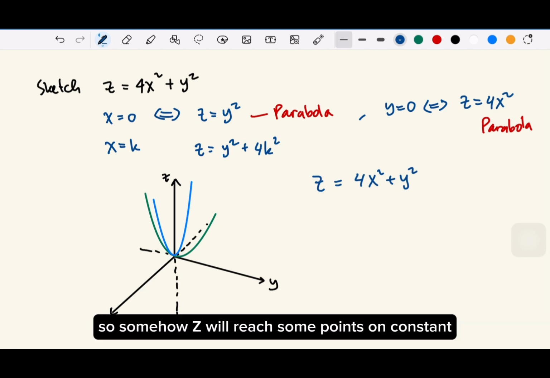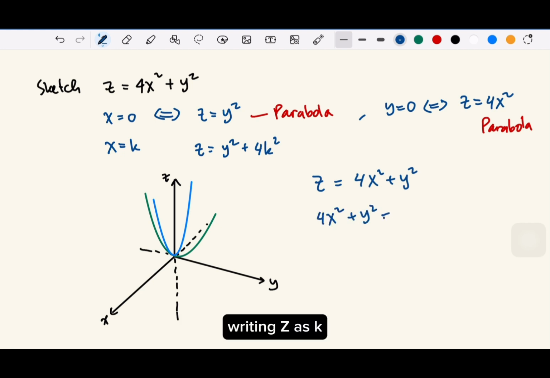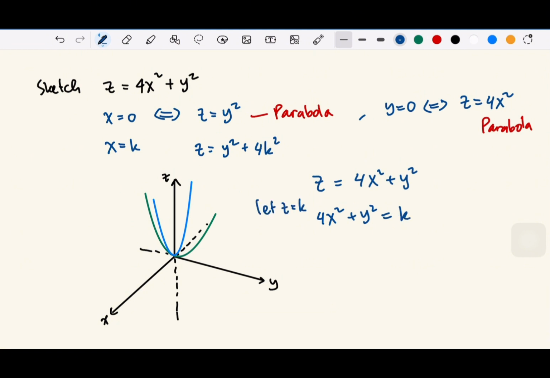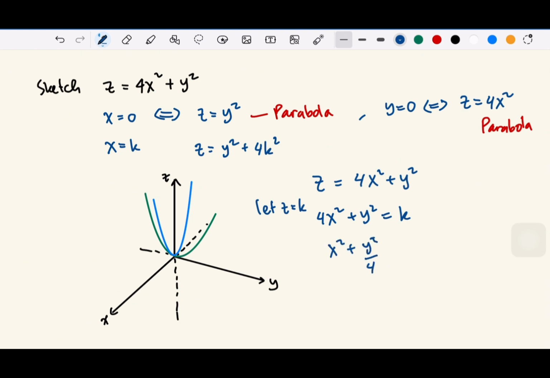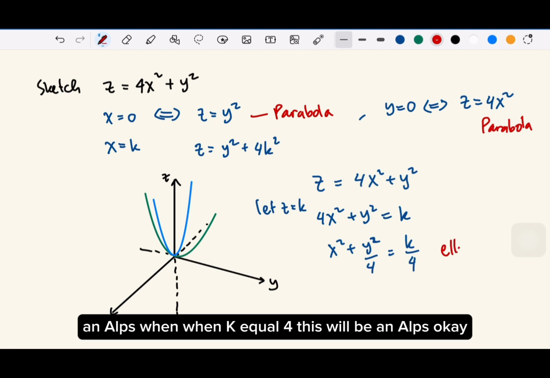Somehow z will reach some constant, and we are going to see that if we take z as a constant k, so let z equal some constant k, we can write this in terms of k over 4, which means that this is an ellipse, right? When k equals 4, this will be an ellipse, okay?